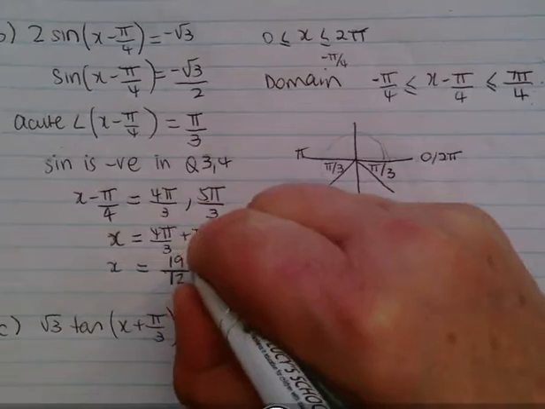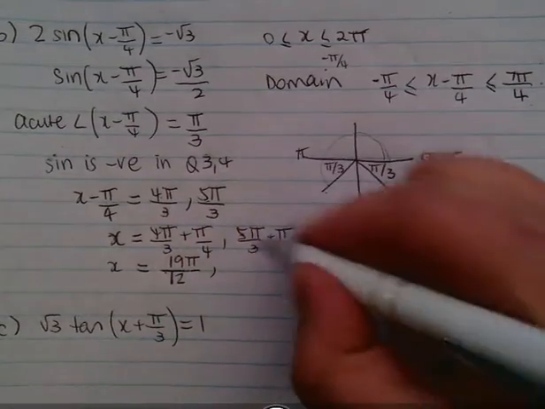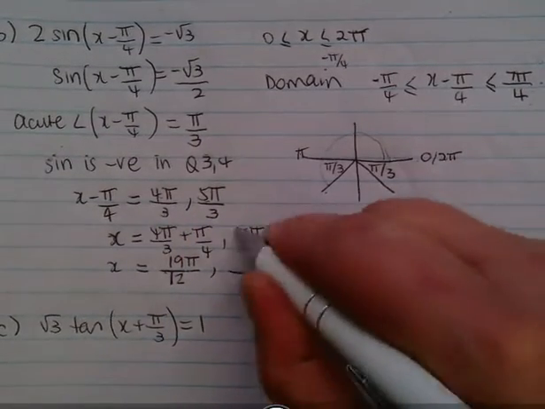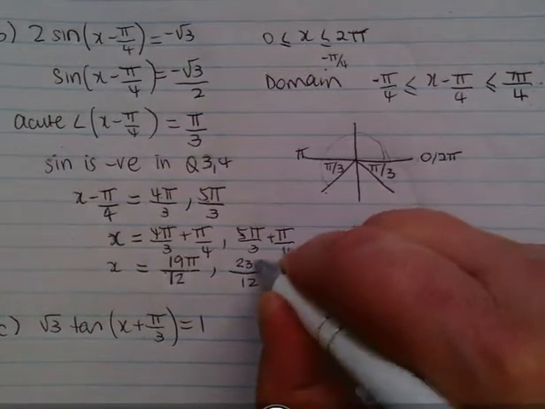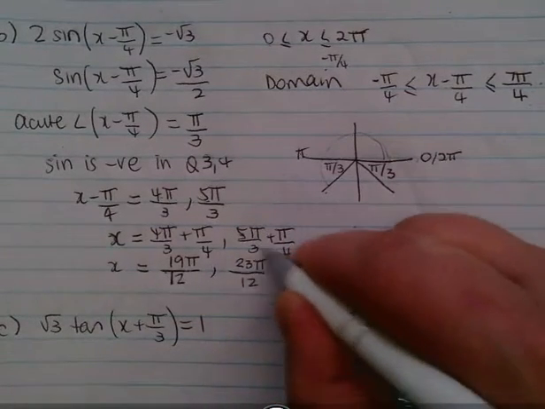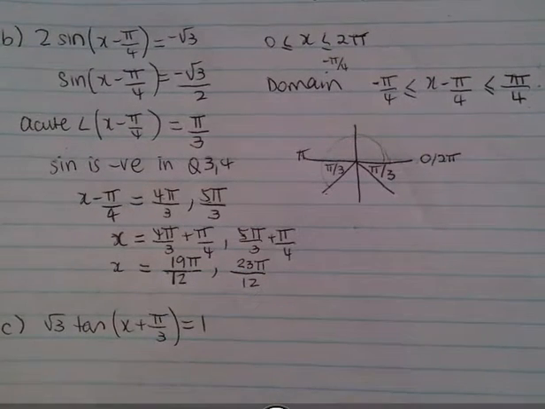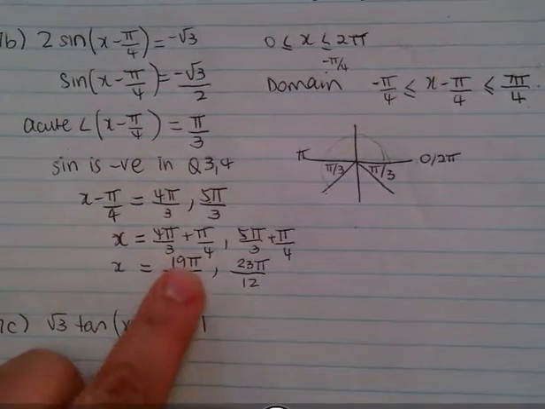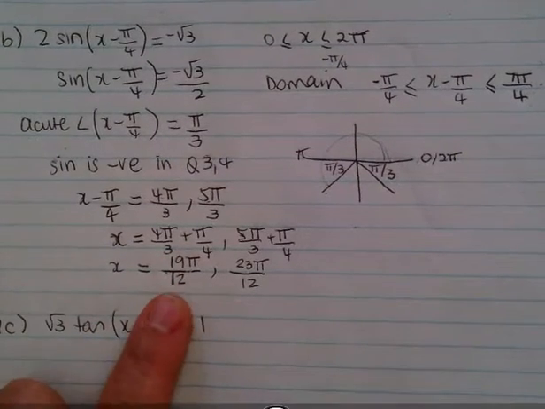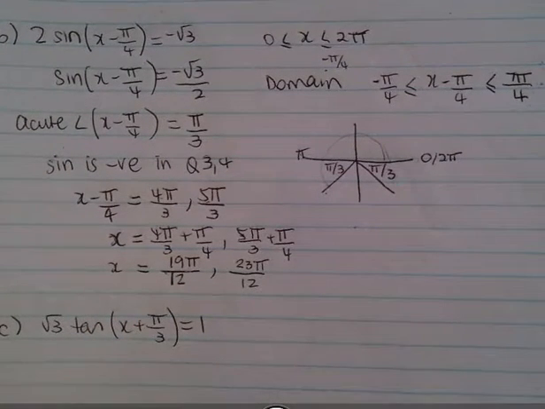That's 19 pi on 12. And this one, common denominator again of 12, 23 pi on 12. And that is less than 2 pi, because 24 pi on 12 would be 2 pi. And this is 1 point something pi, so that's fine. So they're your two solutions there.